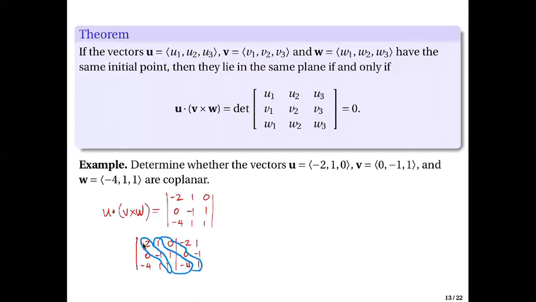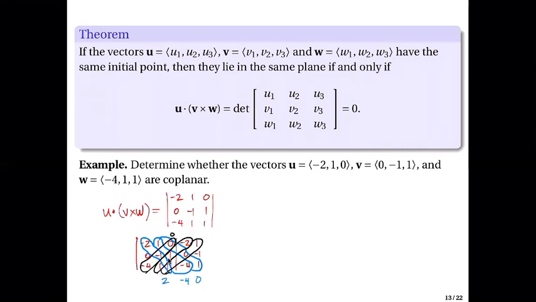For this diagonal, we multiply: negative 2, negative 1, 1. So that's positive 2. Then 1, 1, negative 4. That's negative 4. And of course, this one is 0. And then for the other diagonals, this one is just 0.